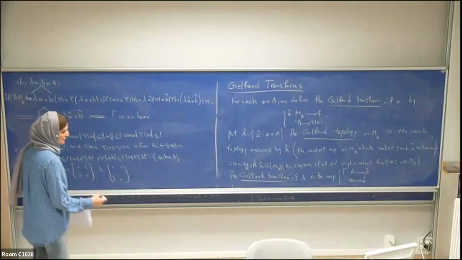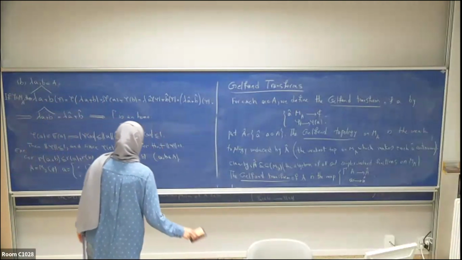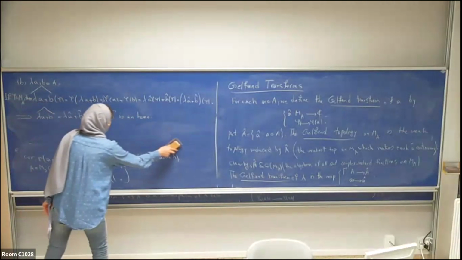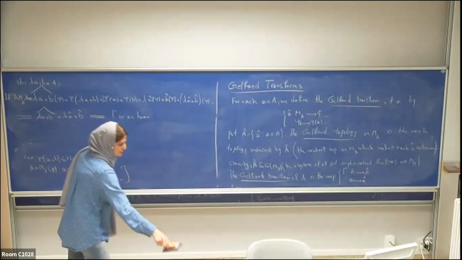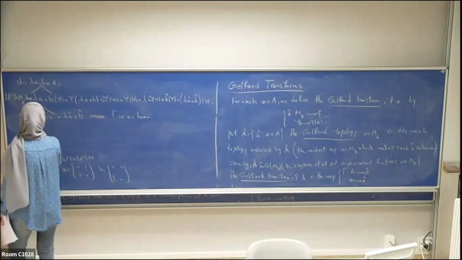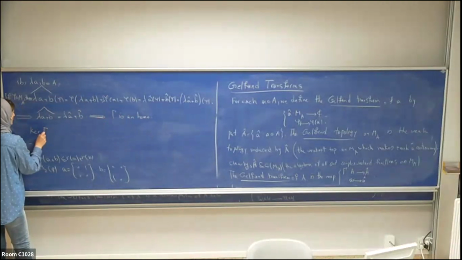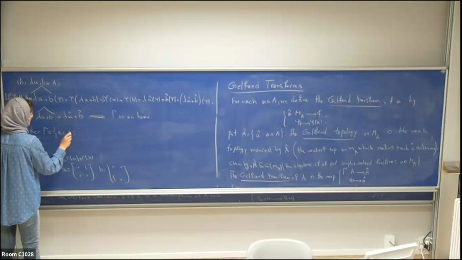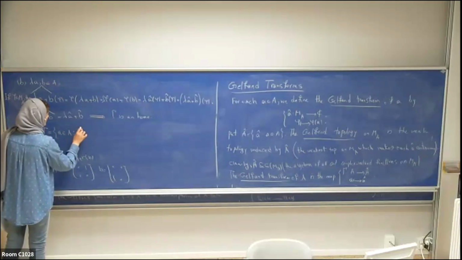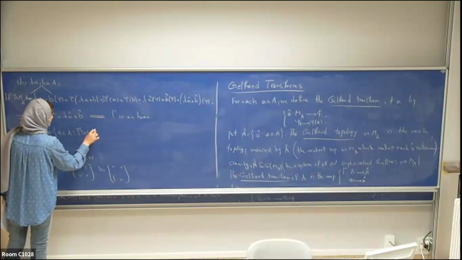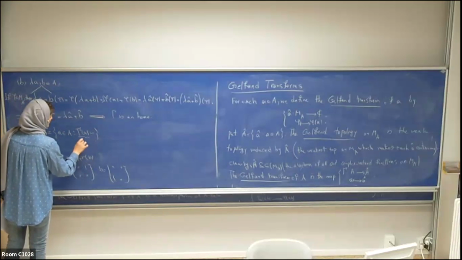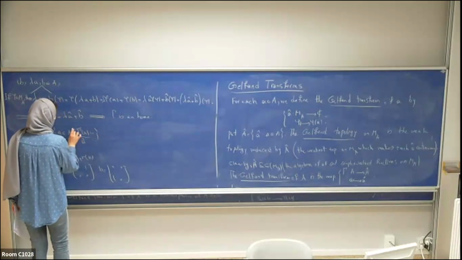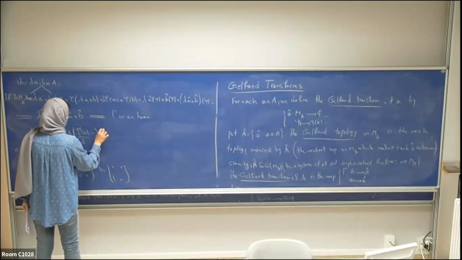And of course, the kernel is the radical of A. It's clear because the kernel of gamma means a in A such that gamma of a is 0. Gamma of a means a hat, and a hat as a function is 0. It means that for each phi in M of A, we have phi of a is 0.